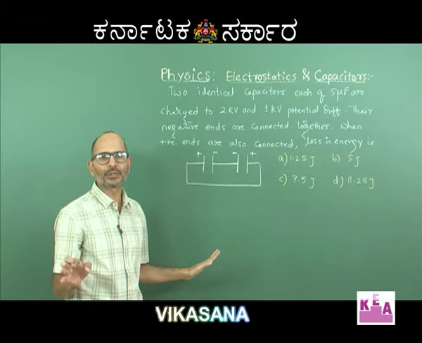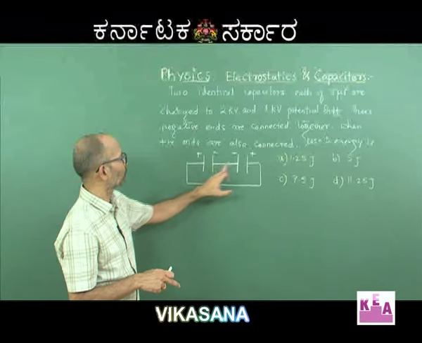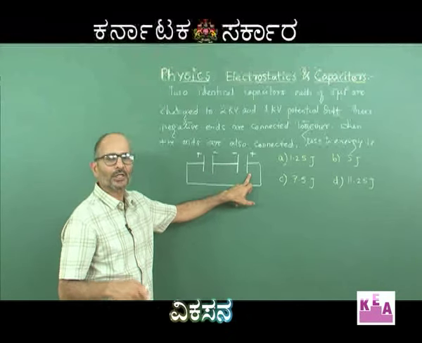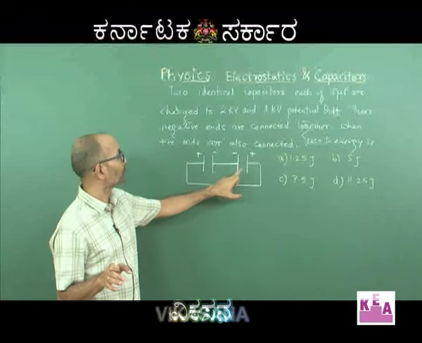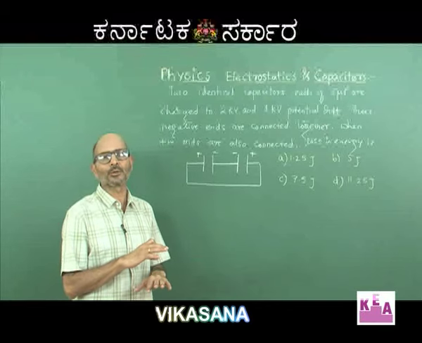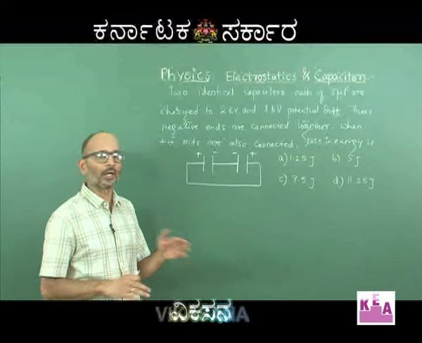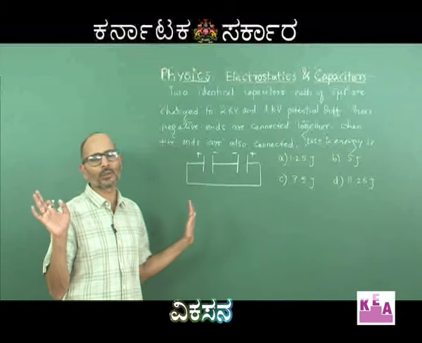Do not call them to be in series and parallel, but be very careful about whether you have connected the positive plate with the positive plate and allowed the charges to add up and then redistribute, or you have connected positive plate to negative plate and allowed the charges to nullify each other and then allow the remaining charge to redistribute. And how does the redistribution happen? So as to make the potentials of both the capacitors equal.